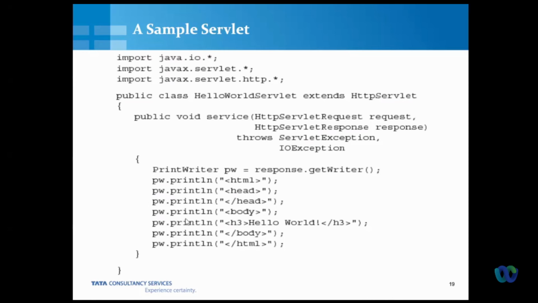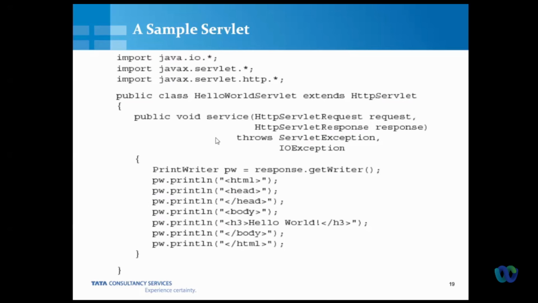Now then, we are providing the method body. What we are saying: PrintWriter pw is our object name equals response.getWriter. Now we are sending the response.